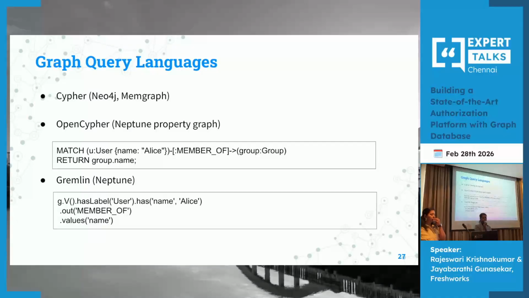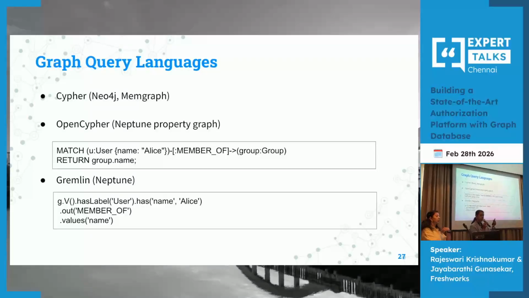So to give an example, I would like to share a simple example here. If we want to see the list of groups that a user Alice has, if you see MATCH of user name Alice, this will locate the user node as part of the graph and it will use the member of relationship.